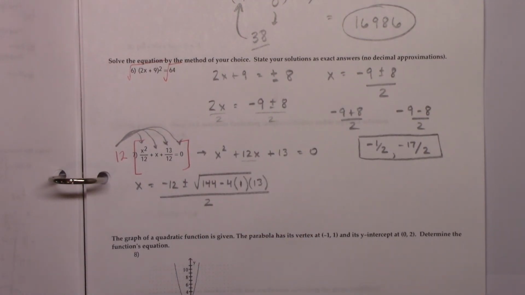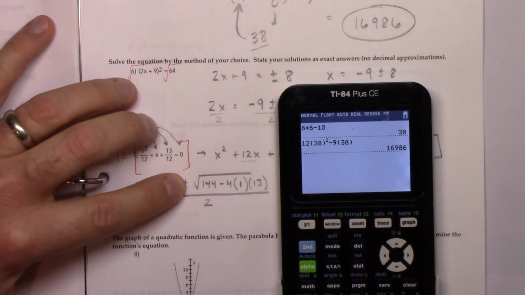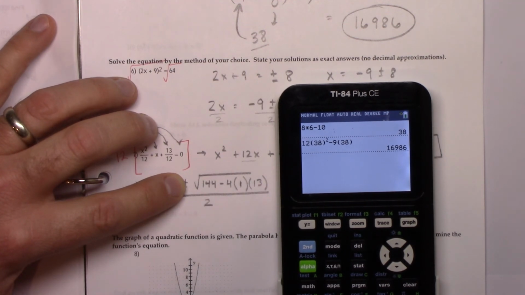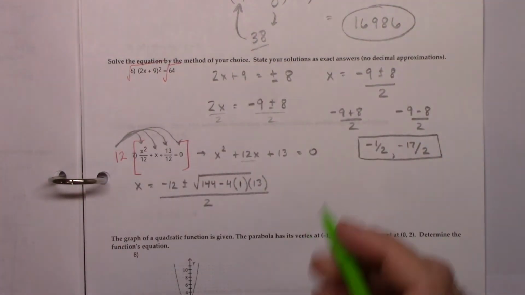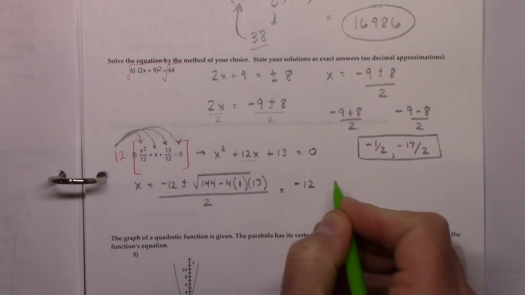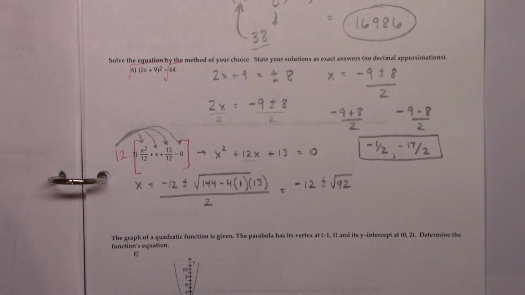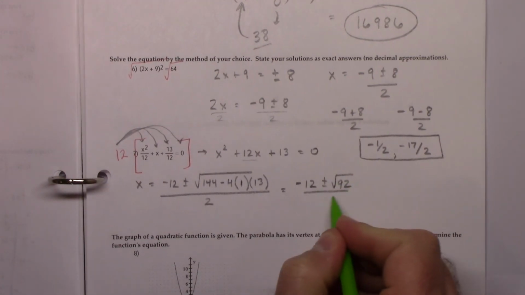Always start inside the radical. So in my calculator, I'm going to type in 144 minus 4 times 1 times 13. And that's giving me 92 for inside the radical. So let's go ahead and jot that down. You've got negative 12 plus or minus the square root of 92. And that's all over 2.